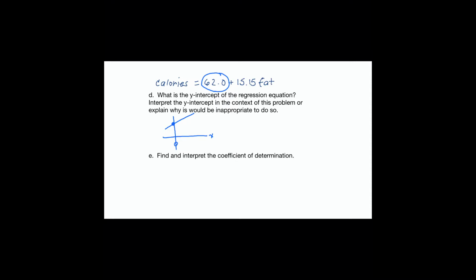In this case, it would be inappropriate to interpret the y-intercept because in our data set there were no granola bars containing an x value of 0, in other words, 0 grams of fat.